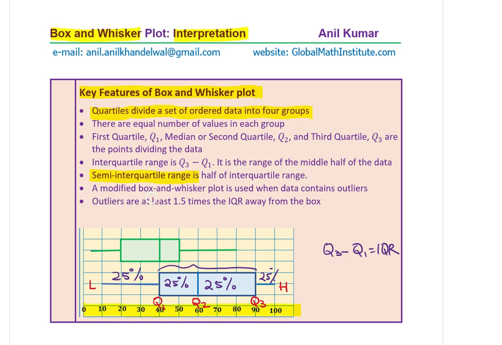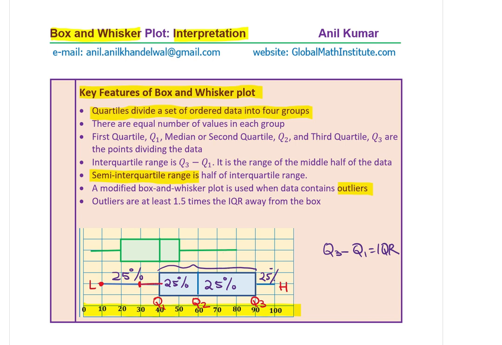A modified box and whisker plot is used when data contains outliers. So if there are outliers, at times we will use a slightly modified diagram. We could make the lowest element separate, for example, if this is an outlier, and then take the next element like this.